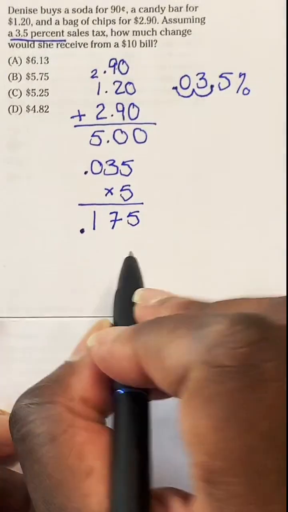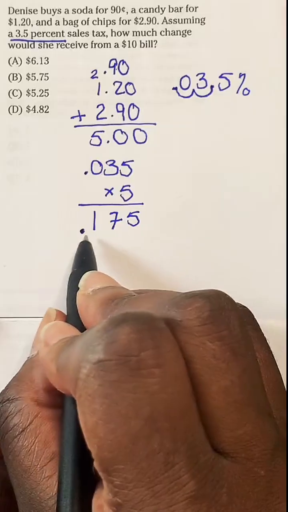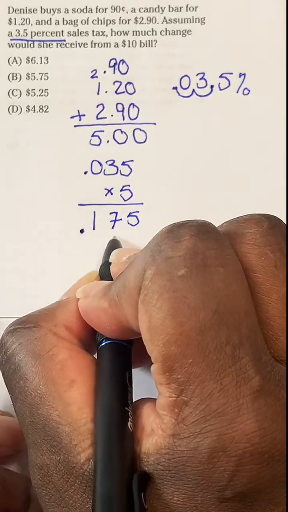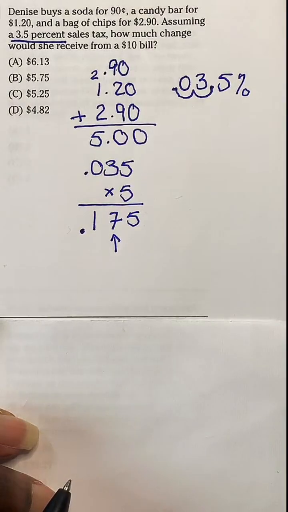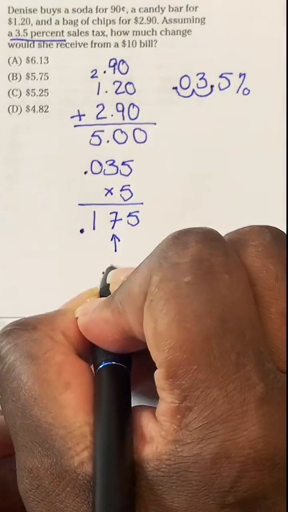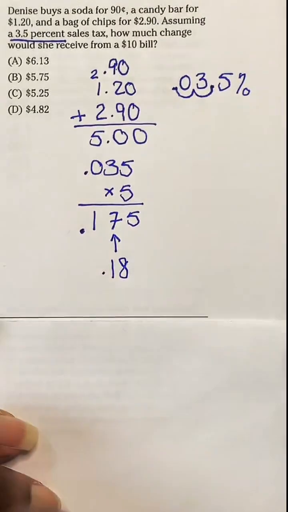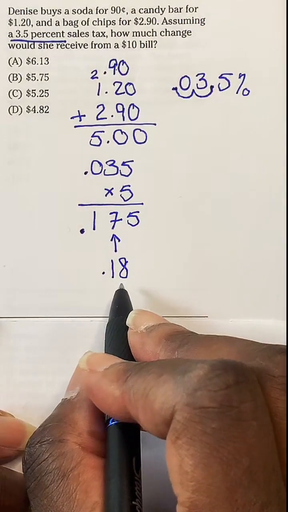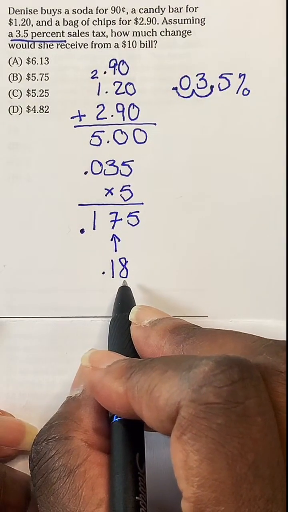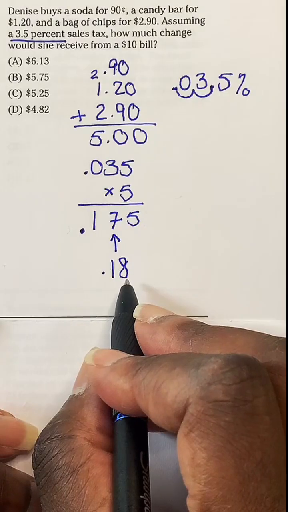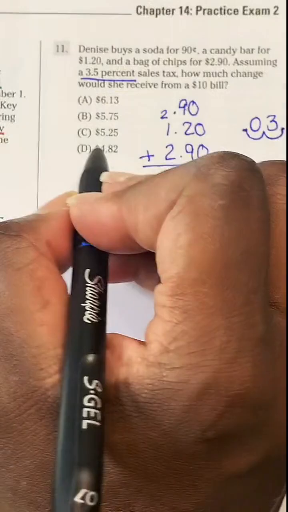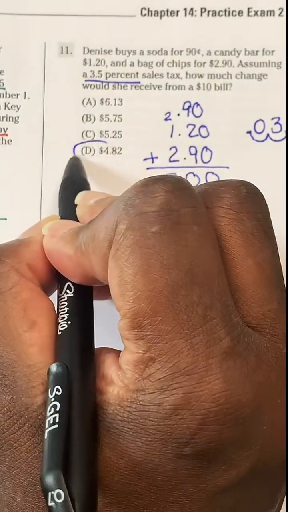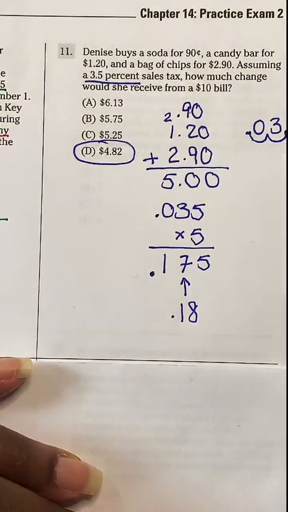Since, as I said earlier, our change does not have 3 decimal places, it has 2. So we need to round to the hundredth spot. So we're looking at 18 cents. So we need to take our tax out of that 10. So when we take it from that 10, we're going to have our 482.